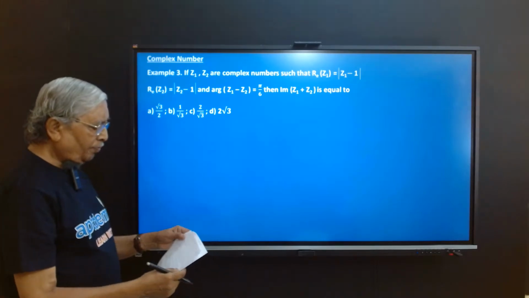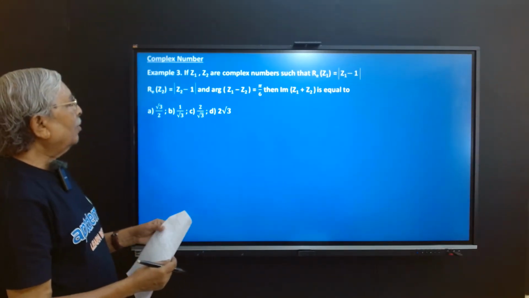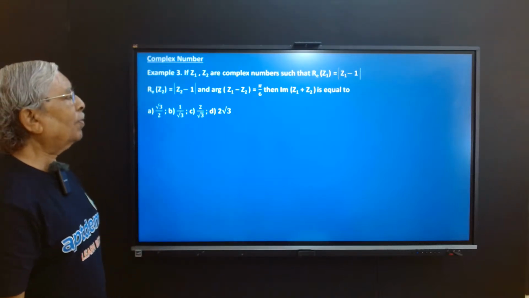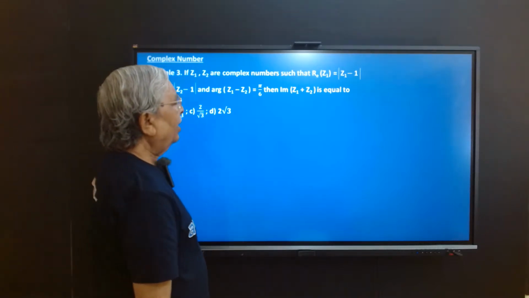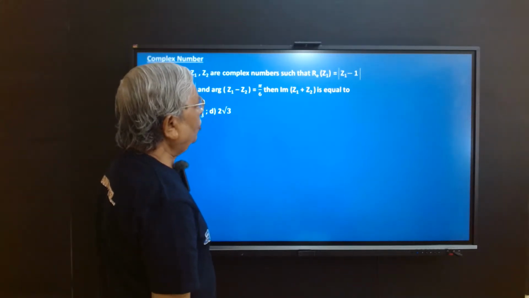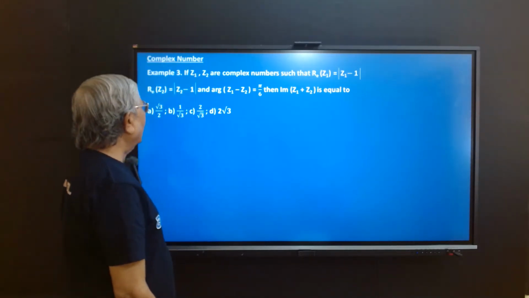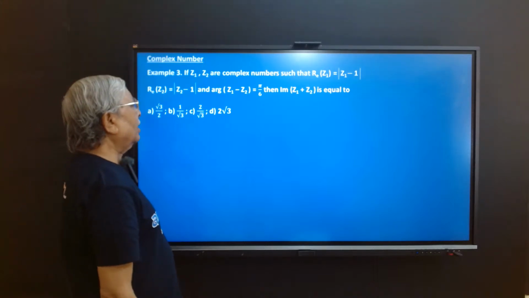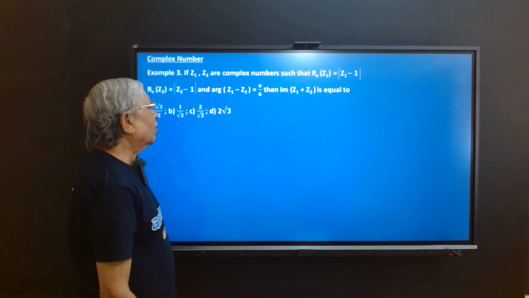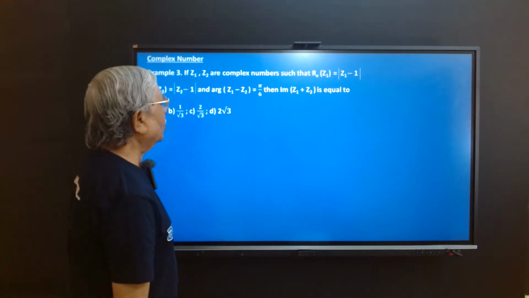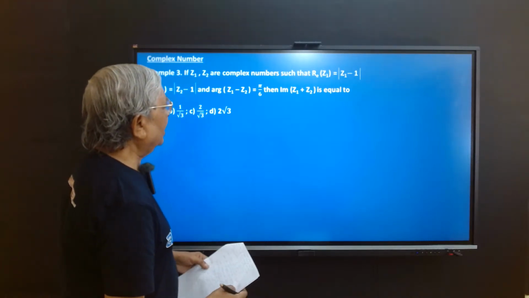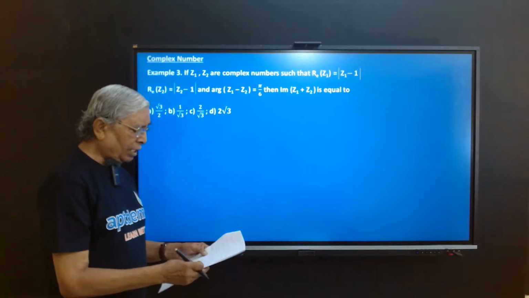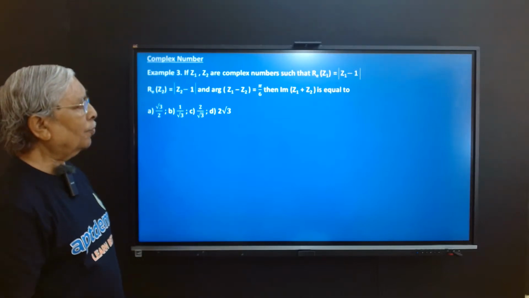Next, another problem. If z1 and z2 are complex numbers such that real part of z1 equals mod of z1 minus 1, real part of z2 equals mod of z2 minus 1, and the argument, that is the amplitude, of z1 minus z2 equals pi by 6, then we have to find the imaginary part of z1 plus z2.